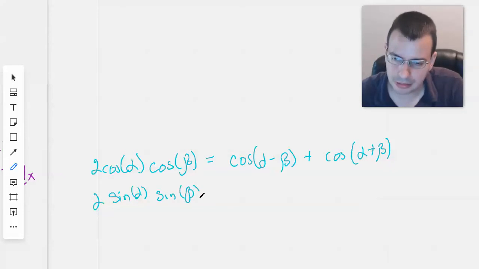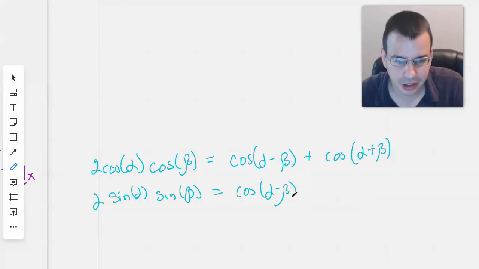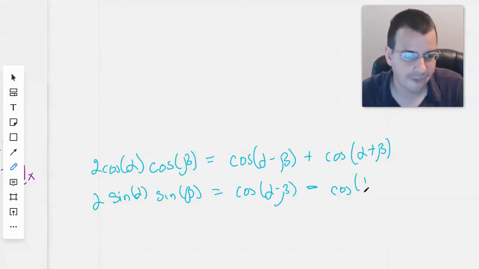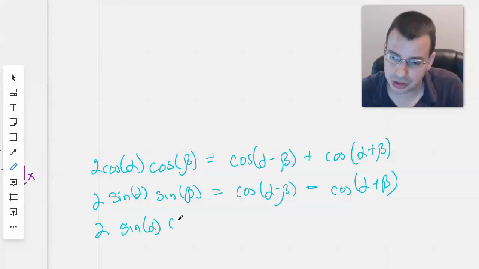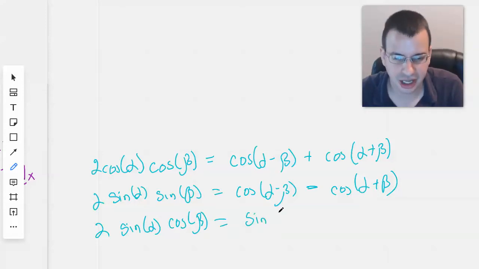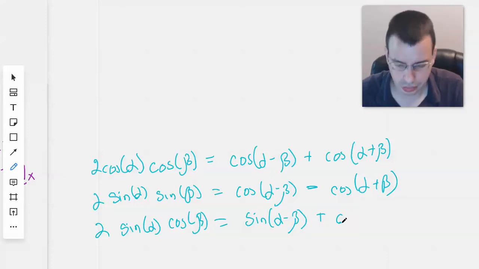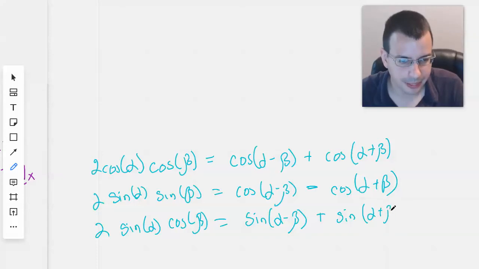Let's do a cosine of alpha minus beta. Now the difference here will be the sign. Since we're doing sines instead of cosines, we'll change the sign. And then the third one that I have memorized is 2 sine alpha cosine beta, which gives us sine of alpha minus beta plus sine of alpha plus beta.